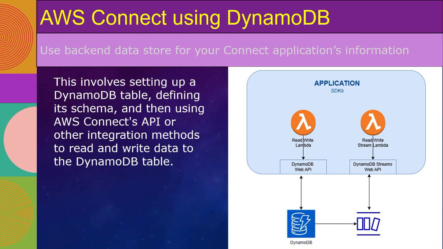Okay, so AWS Connect is using DynamoDB. When you have a big application in Amazon Connect, you need to set up the DynamoDB table defining its schema and then use AWS Connect APIs or other integration methods to read and write data to the DynamoDB table.